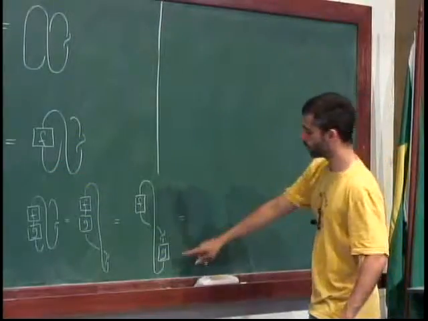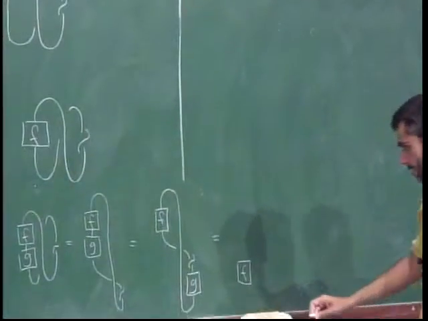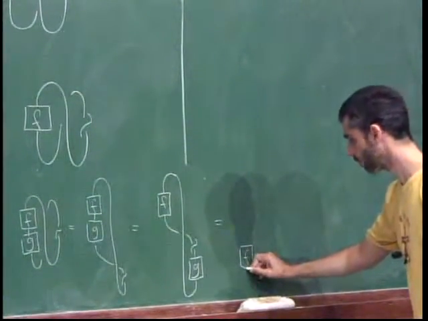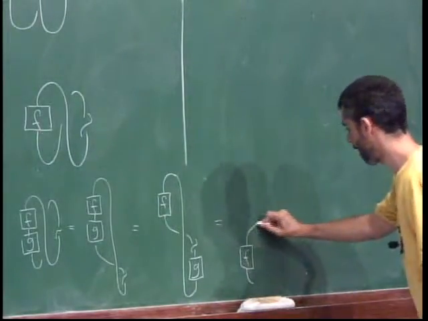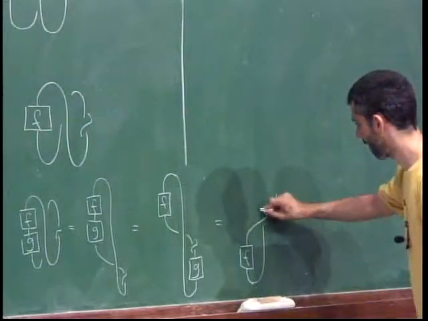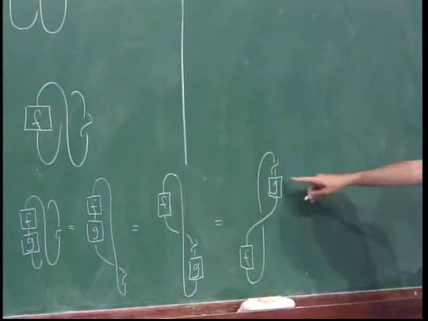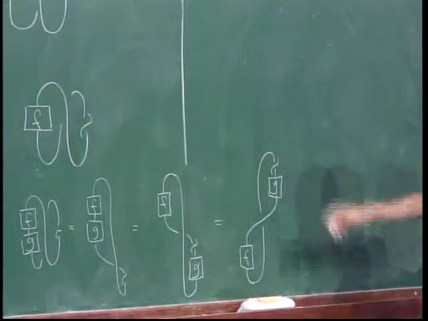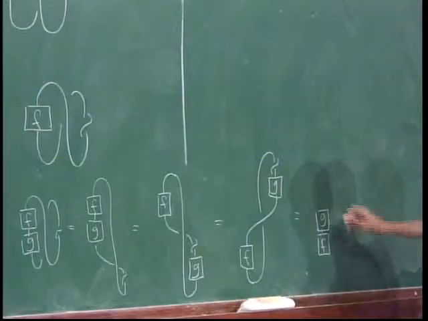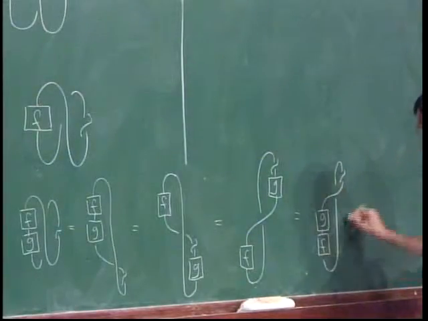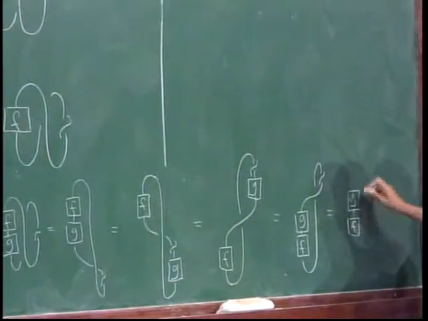Oh, now I'm going to change my mind and put G all the way on the top and F on the bottom. Let's see. So, and now I slide G back on top of F and put things in order. And I'm done.